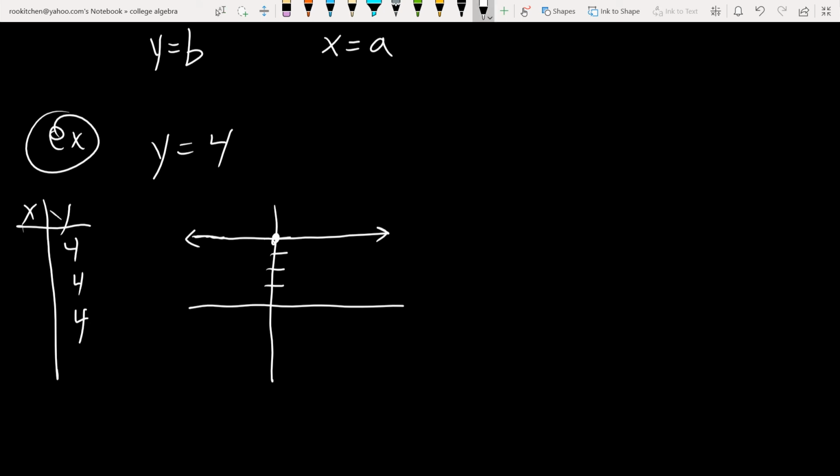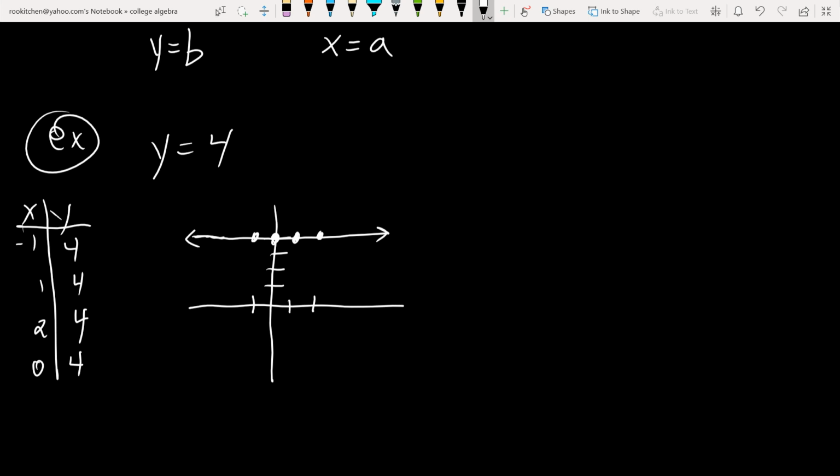They say x varies over the real numbers. So you could say negative 1, 1, and maybe 2. You could use any x values, and then you could plot those. For example, negative 1, 4 is right here. You can use 0, 4, I got it right there. 1, 4 is right here, and then 2, 4 is right here. So if you connected those dots, you would get that horizontal line.